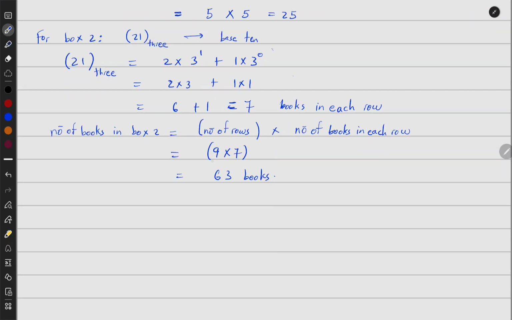So our number of books is going to be that, because we know that the number of rows is 9 and the number of books in each row is 7, and 9 times 7 is 63.